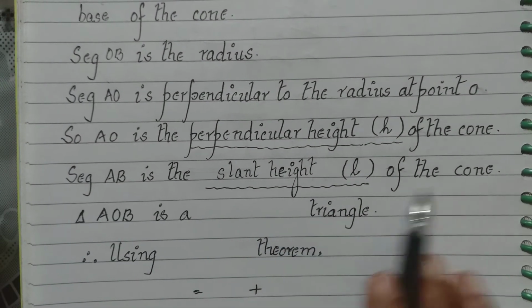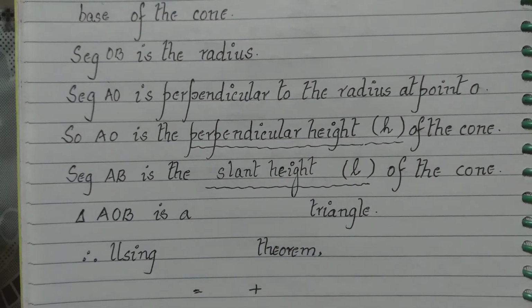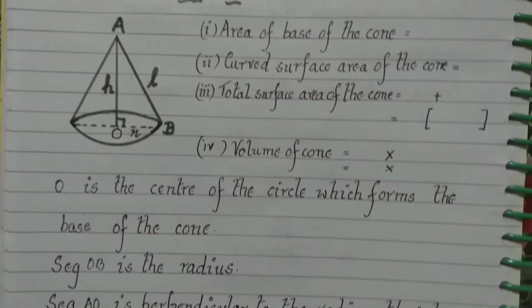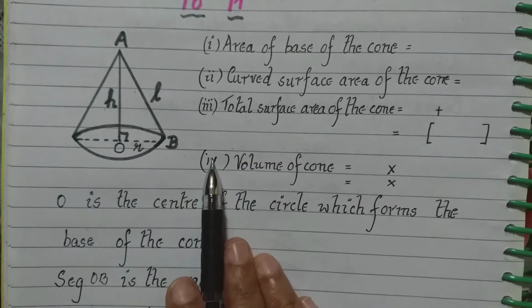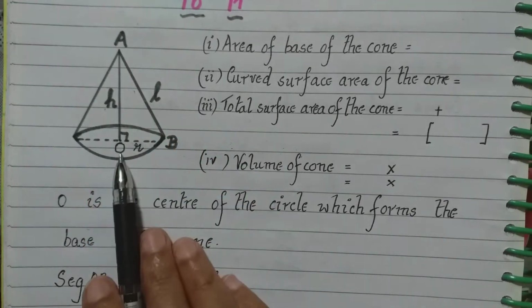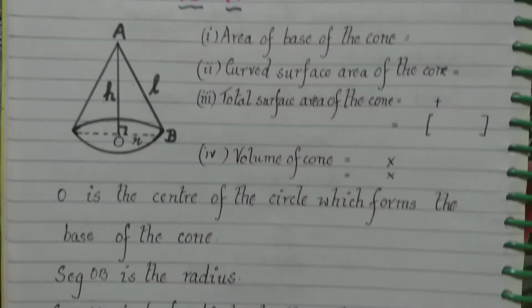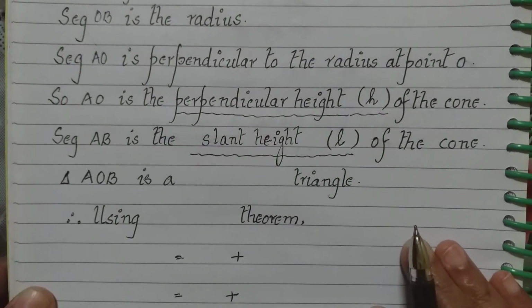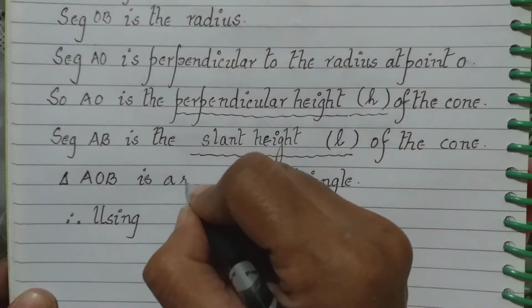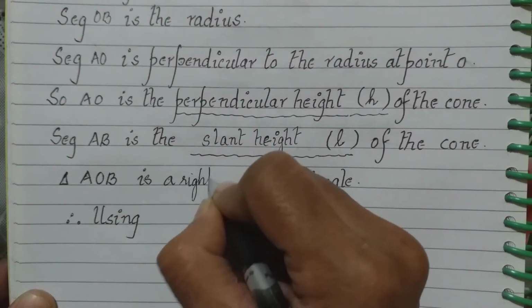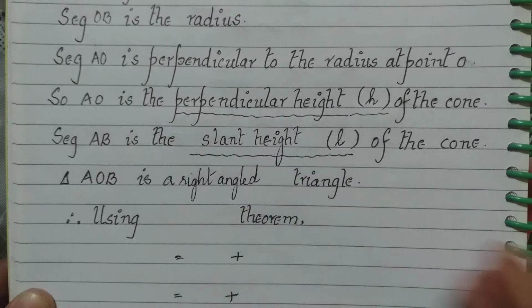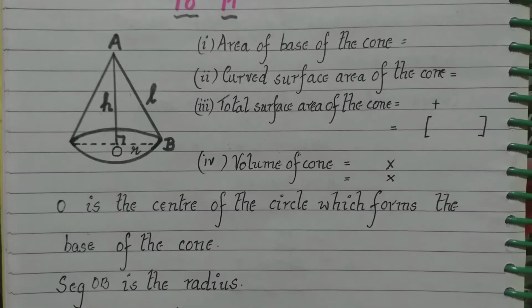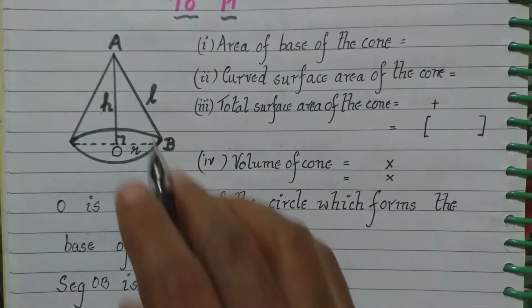Now after writing this, we know that this triangle AOB is a right angle triangle. Why is it a right angle triangle? Because one of the angles is a right angle. So we write here triangle AOB is a right angled triangle, and in a right angle triangle we know we can use Pythagoras theorem.